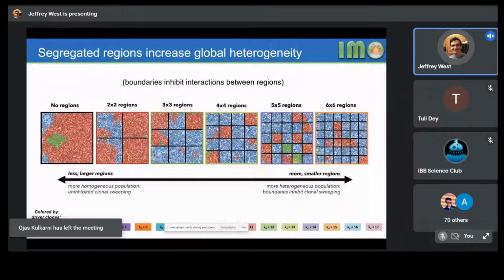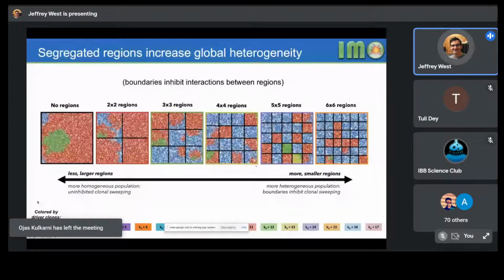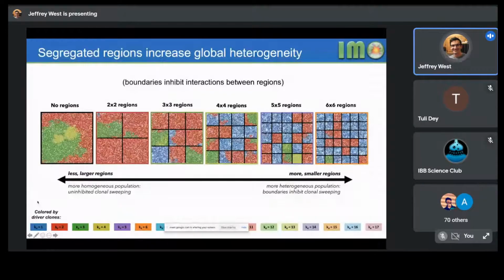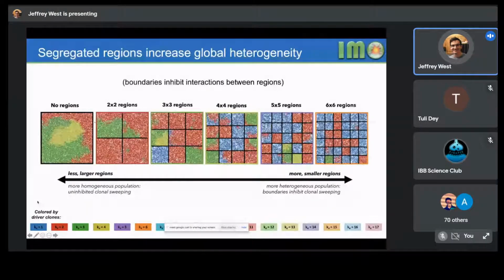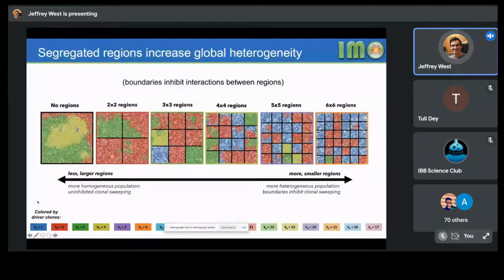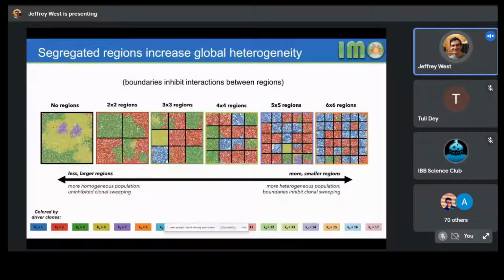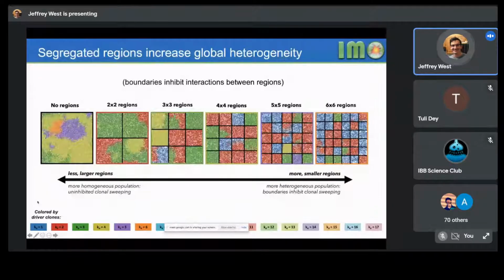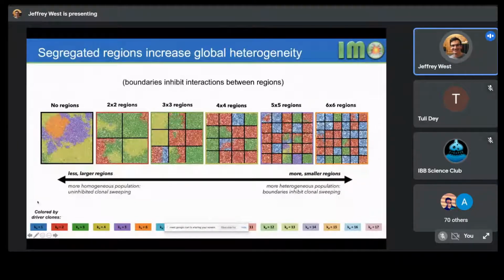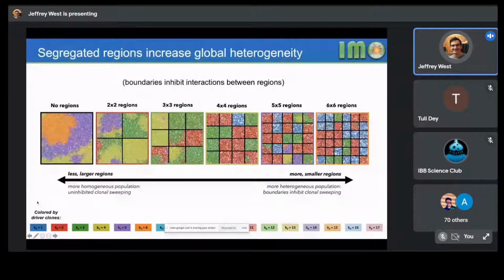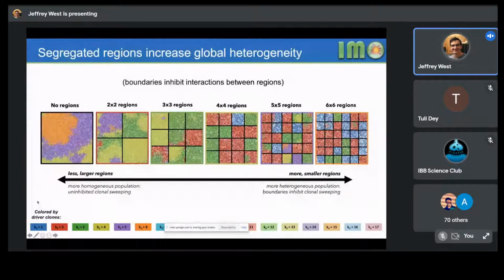So in this case, you can see that the single region case is again more homogeneous. There's a smaller number of clones here because each of those clones can sweep through the entire domain. And on the right-hand side, you can see that it's a very heterogeneous collection, and each of those individual regions is very homogeneous.